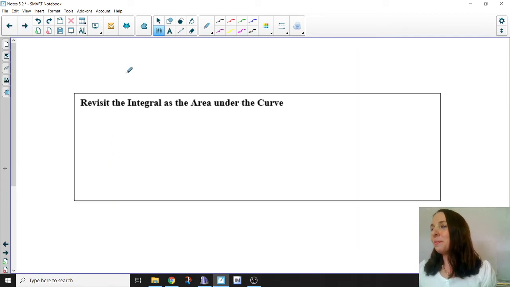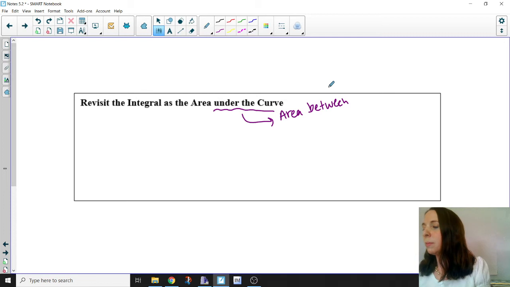Now, let's revisit the idea of integral being area under a curve. What do we mean by area under a curve? First of all, keep in mind that what we really mean by that is area between the curve and the x-axis.